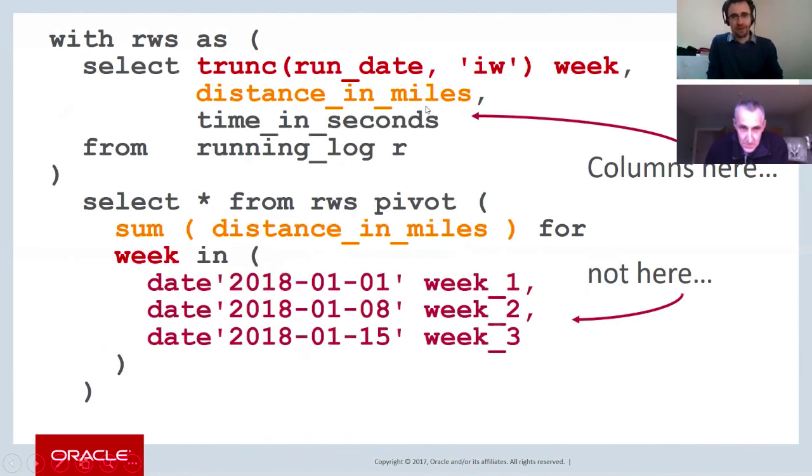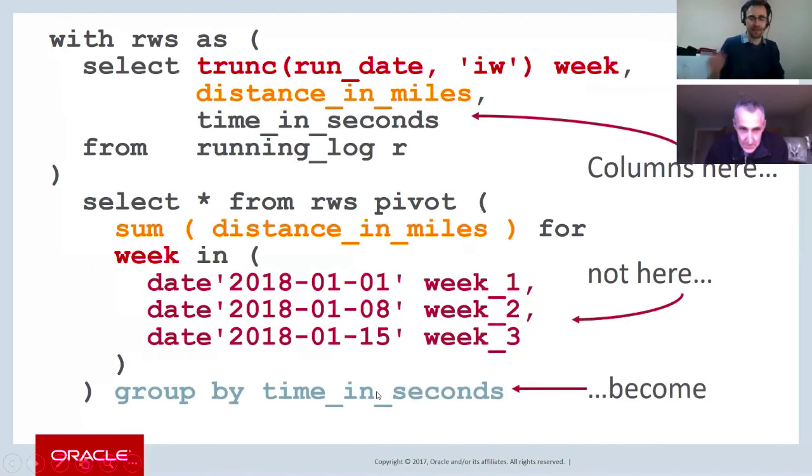Very important thing to be aware of. Any column in your input table, so if you're passing a table itself or you're passing a subquery like this, that doesn't appear in the pivot clause, so you haven't aggregated it or it's not a source for the new values, forms an implicit group by in your results.